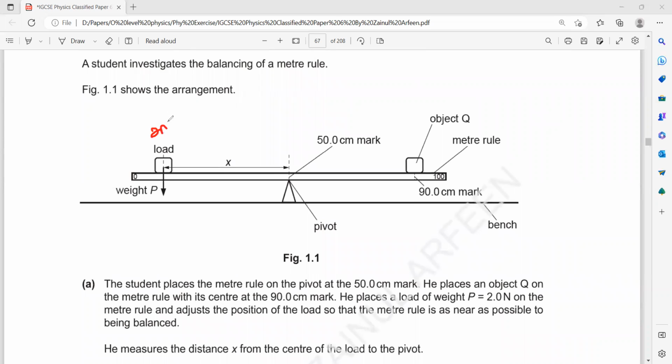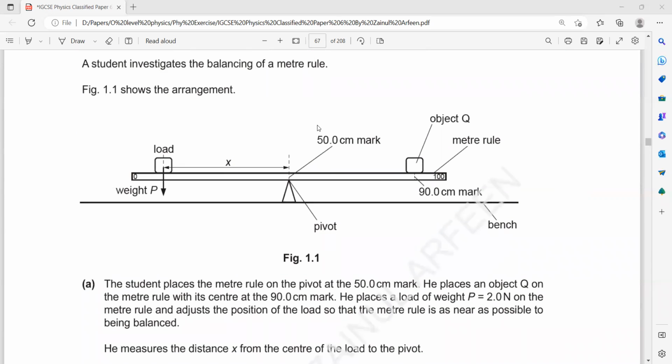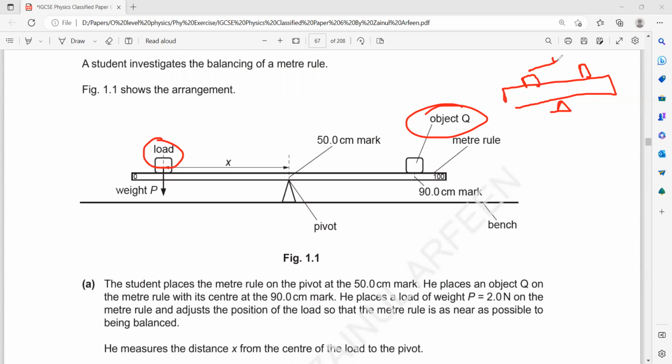When we place a load of 2 Newton, first we will check which position it is balancing. The previous question 3 was question 4. So here we have load Q, we know load Q and we know load P. So we just estimate. The first time, we place both loads at the same distance, and we find where it will topple.